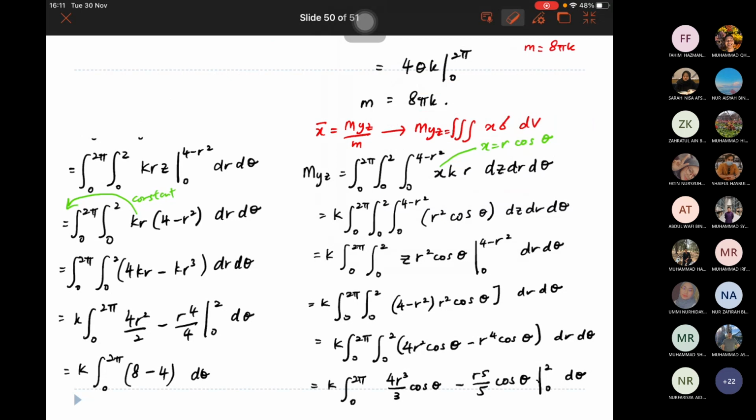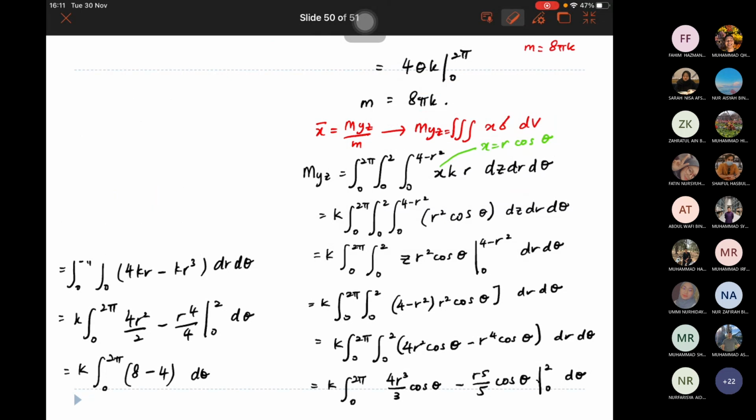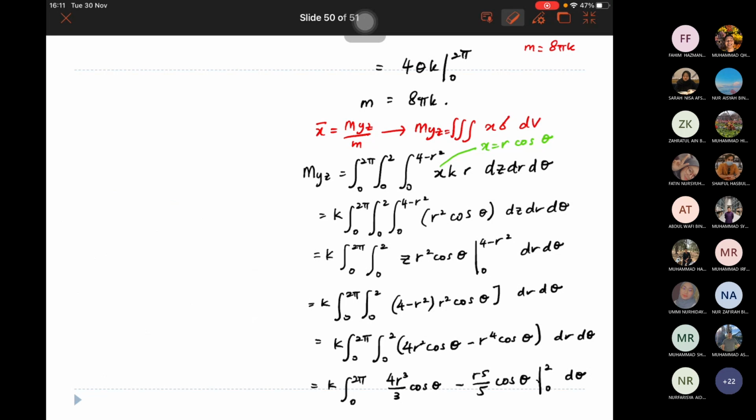So calculating for that one, then you are going to have dia akan sama dengan K kosong sampai 2 pi, 4 per 3, 2 kali 2, 4 kali 2, 8. 4 kali 8, 32 per 3 cos theta tolak 2 kuasa 5.